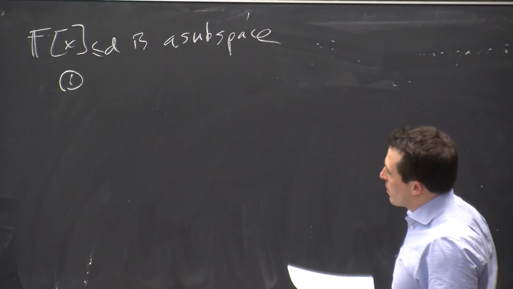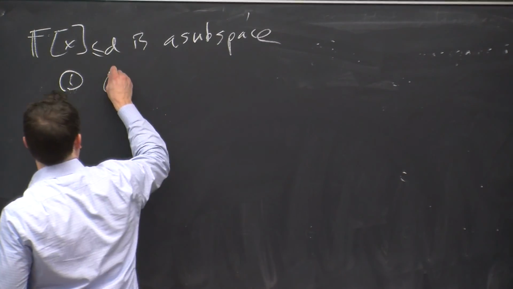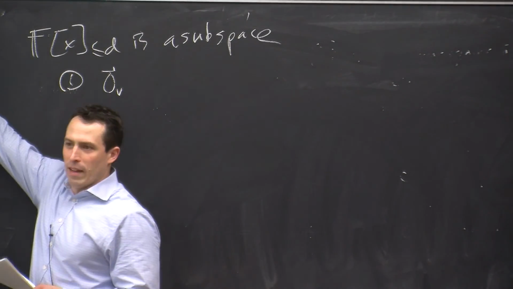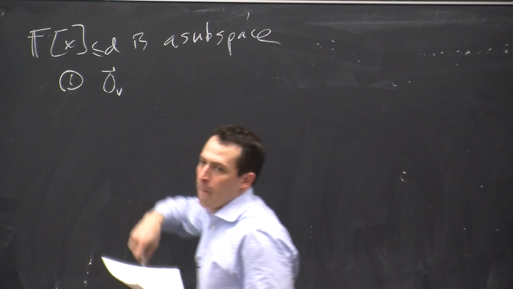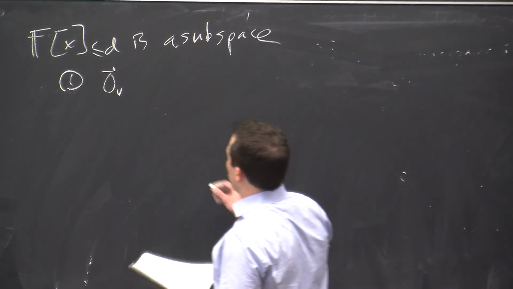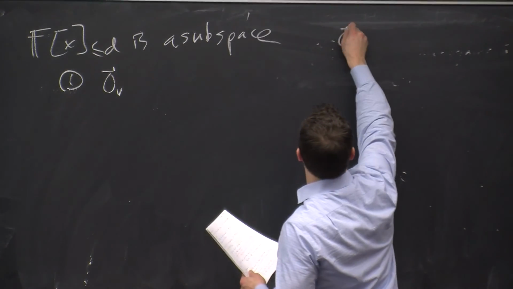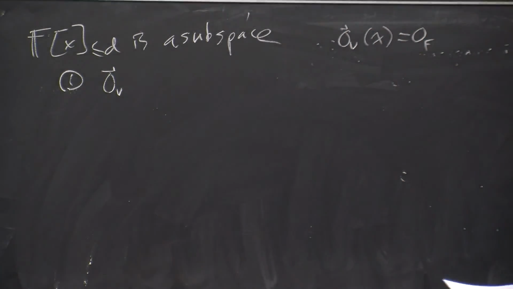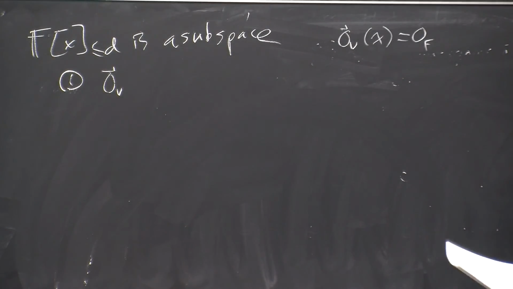The first part of the criterion had to do with the 0 of the vector space. What's the 0 of F[x]? It's that special polynomial which is 0 all the time, the constant function. Right? It's the 0 polynomial.